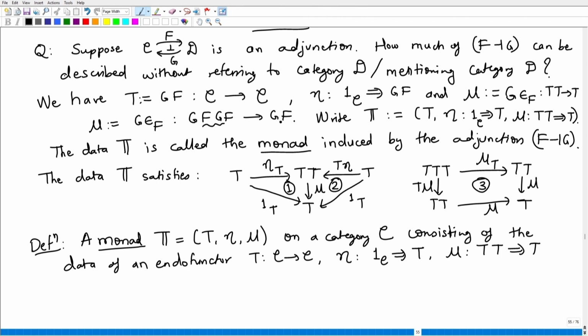A monad T on a category consists of the data of this satisfying 1, 2 and 3.